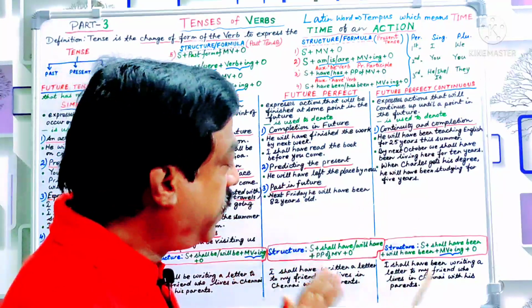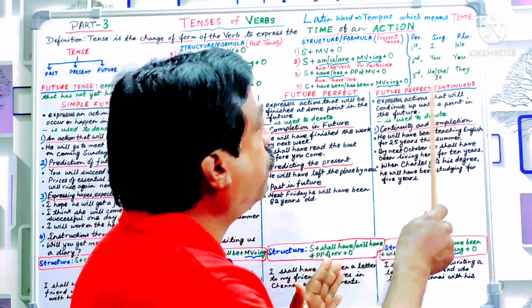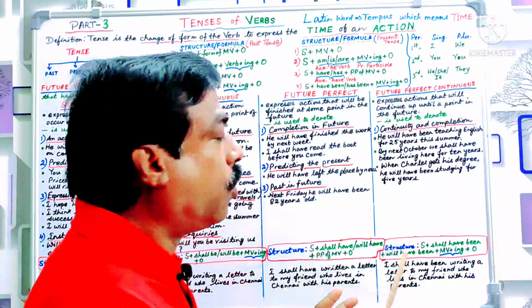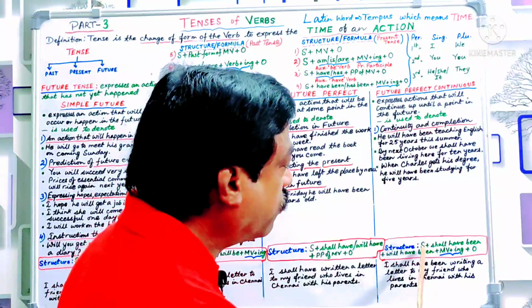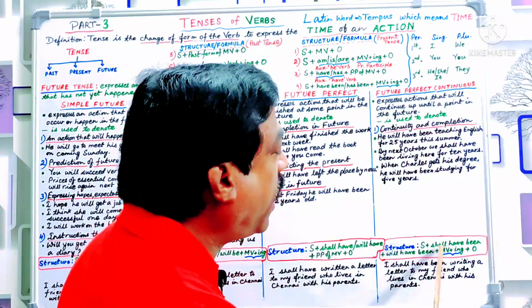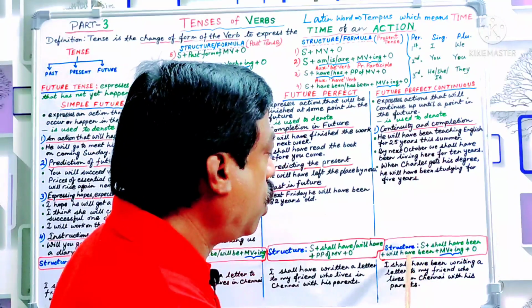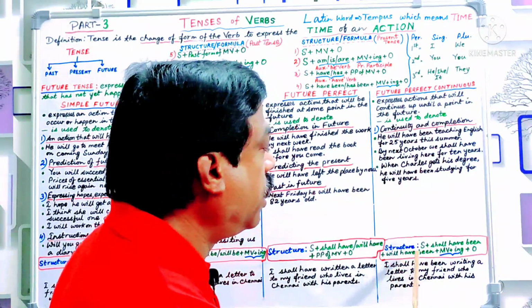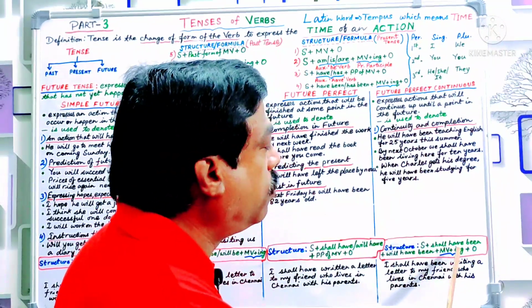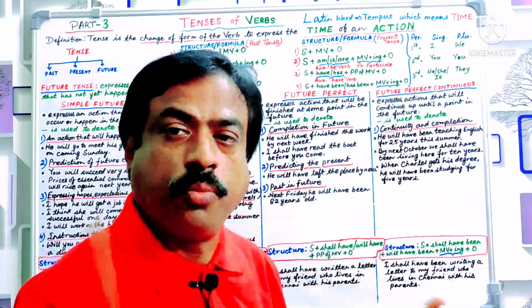Now when we speak about the structure of the sentence of future perfect continuous tense, we start like this. We start with the subject followed by shall have been or will have been plus main verb plus ing plus object.